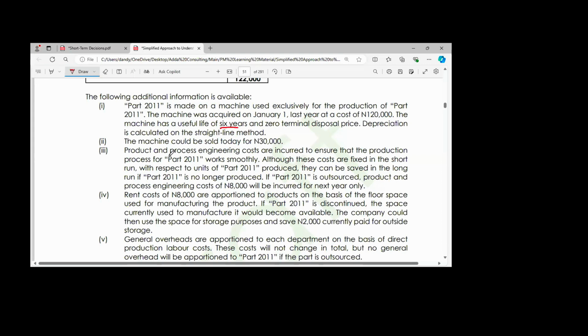Today is year 0. Okay, we are told that the machine could be sold today for 30,000 naira. So this today simply means year 0. So when I want to calculate savings from the machine disposal, it will be only for year 0. And discount factor at year 0 is equal to 1.